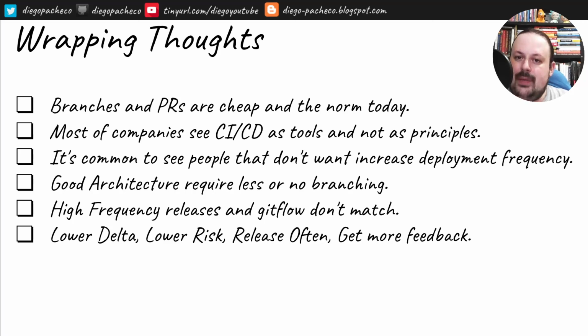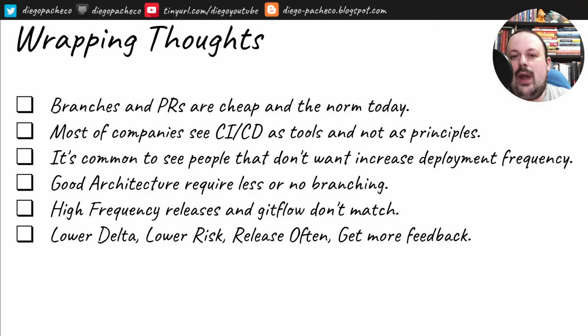It's common to see people that don't want to increase development frequency, because they have improved from where they were, but now they don't want to take the risks. But that's important, because staying where you are actually is risky. You need to understand that not changing is increasing deltas, and that's really increasing risk. So you need to understand complexity. You need to be complexity aware, all right, and that's important.